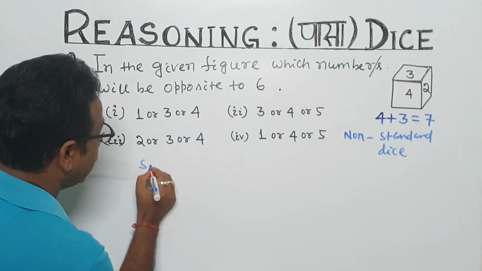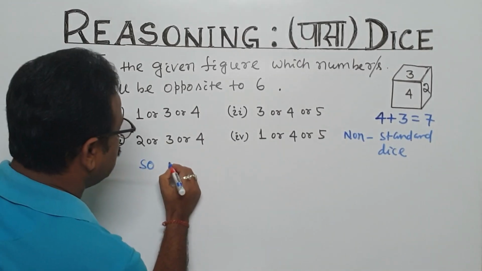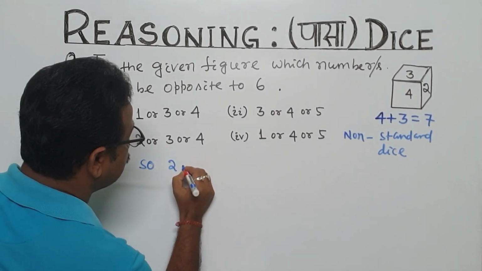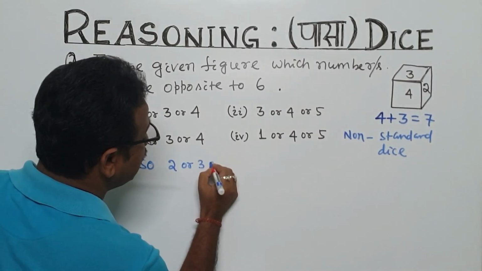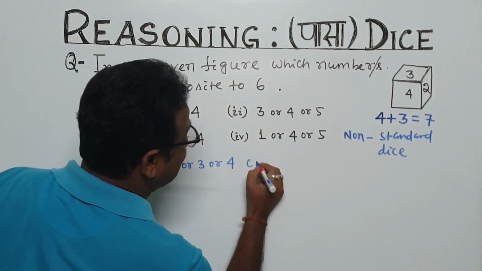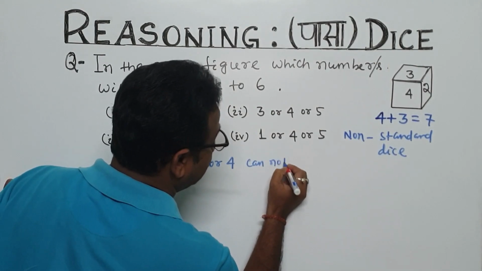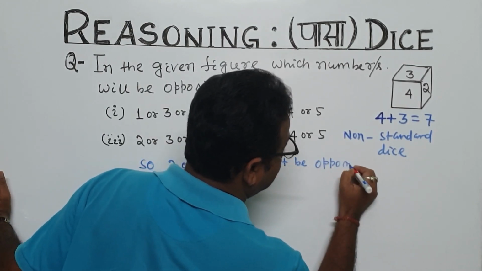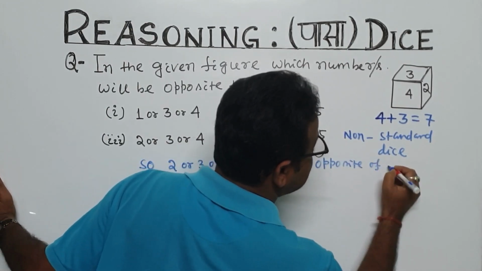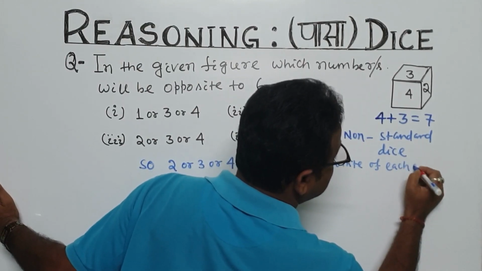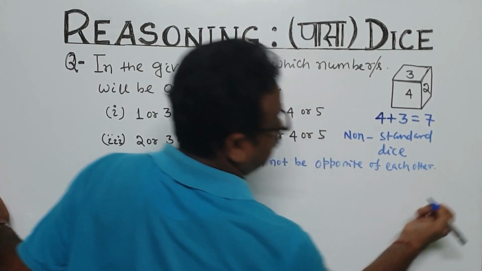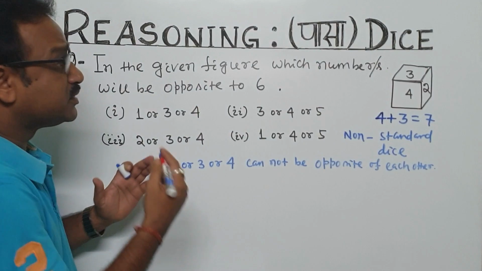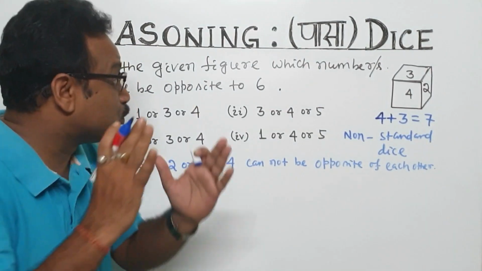So 2, 3 and 4 cannot be opposite of each other. Then what will be the opposite of 2, 3 and 4?